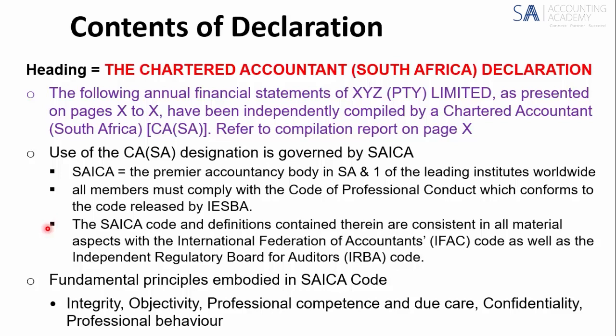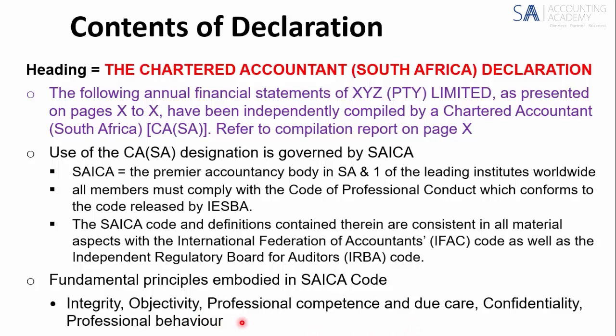So there are certain fundamental principles that have been embodied in the SAICA code, and those are our 5 fundamental principles as it stands in the IESBA code as well. Right. So it's integrity, objectivity, professional competence and due care, confidentiality, and then professional behavior. And then they go on to just briefly explain what each of those mean.